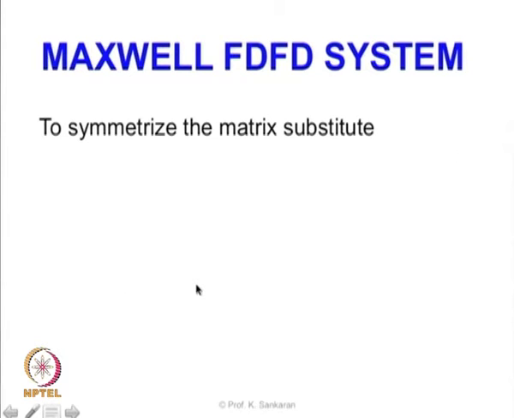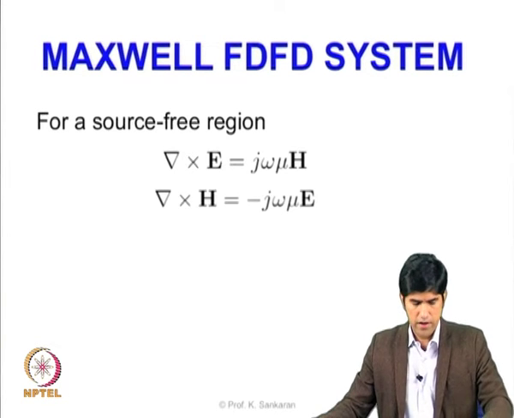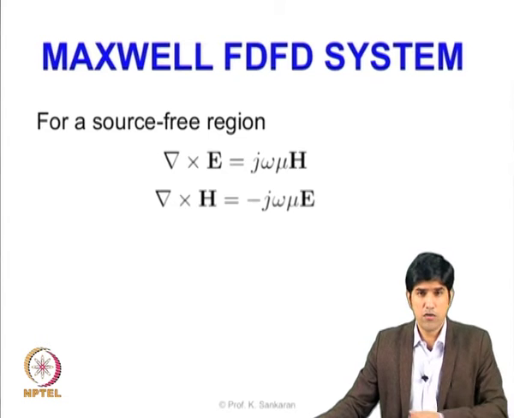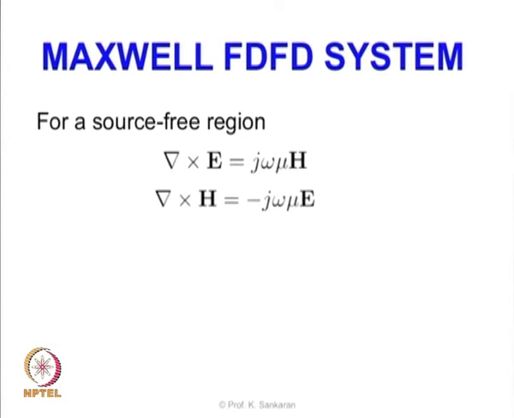When you symmetrize this matrix using certain tricks, you can substitute certain values for H and for S, and we are not going to go into the detail of the S component here. So we can take a source free condition, assuming that we have taken out the source component which comes in the equation.